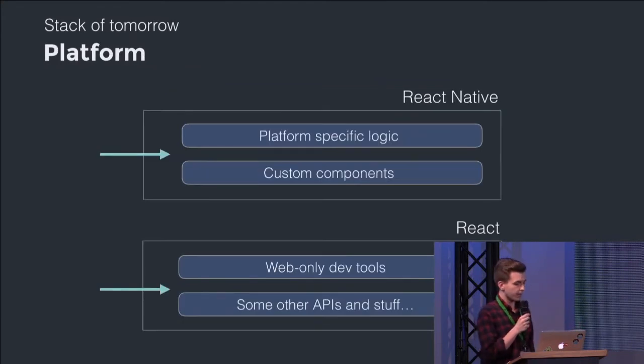A platform is independent, platform-specific code located in our project. They do not interact with each other. They just reuse the application logic we have done. And not even all of it, because it's up to them what set of tools, package managers, and reducers they're going to use and what's going to work best in their case. So just to follow the slides, they can have platform-specific logic, custom components, web-only DevTools, for example, or some other APIs and stuff.